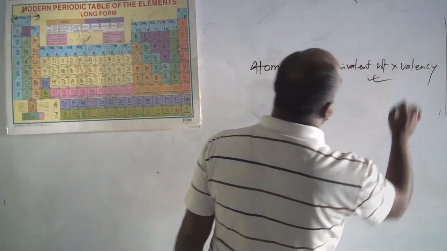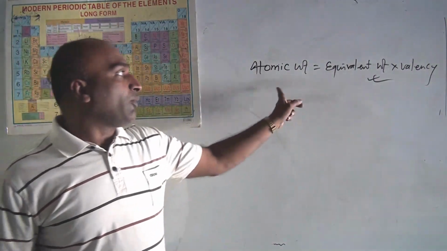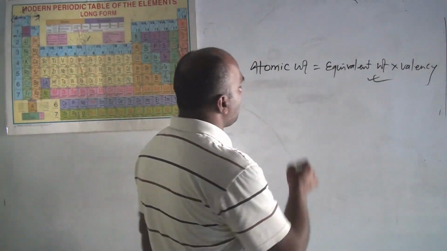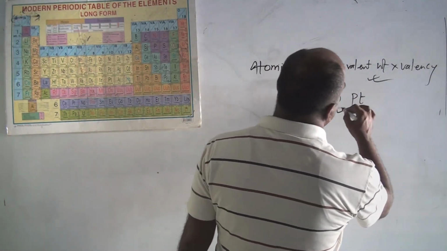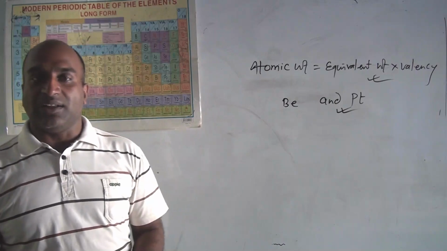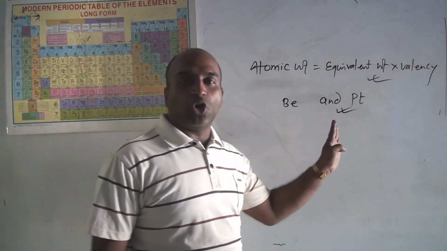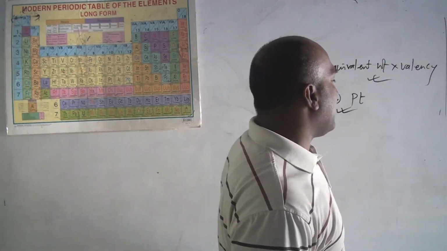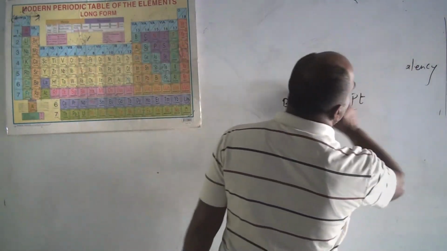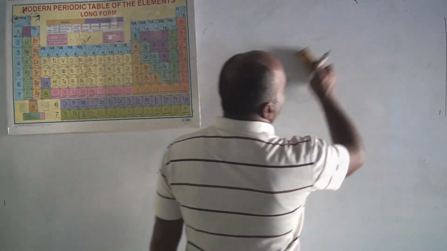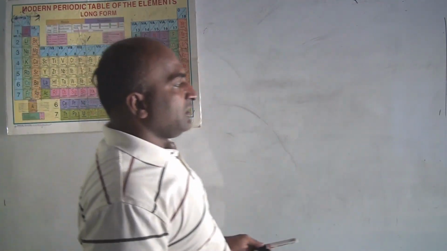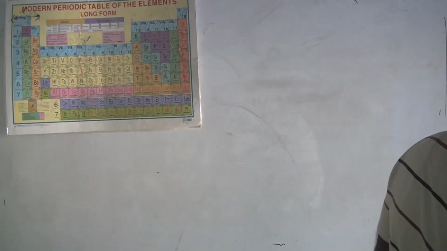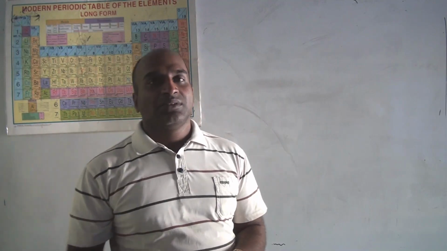By using this formula, he corrected the atomic weights of elements like beryllium, platinum, gold, silver, etc. There are also many defects in Mendeleev's periodic table.